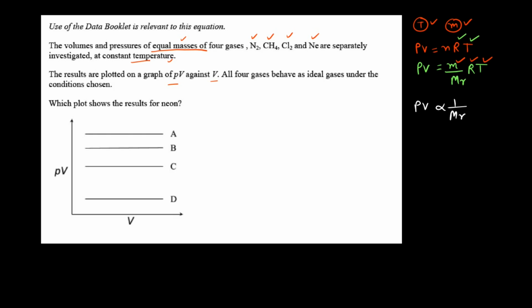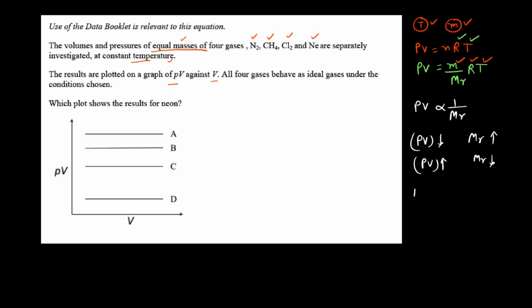So if MR is more, PV is going to be low because it's an inverse relation. So PV will be low if MR is more, and if MR is less, PV will be more. Okay, so we have to find the MR of all these gases.